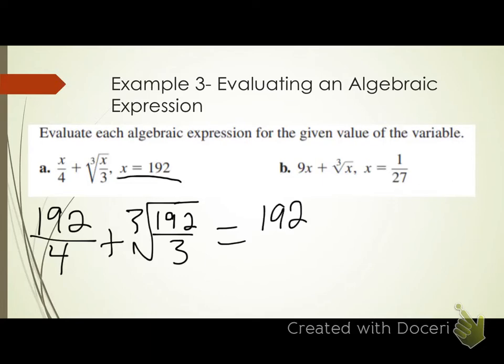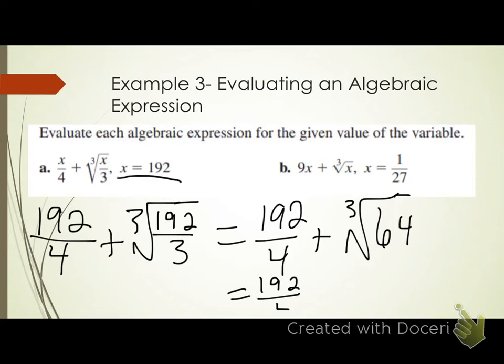So I still have 192 over 4 plus the cube root. 192 divided by 3 gives me 64. 64 is something that I can take the cube root of. Cube root of 64 would be 4.